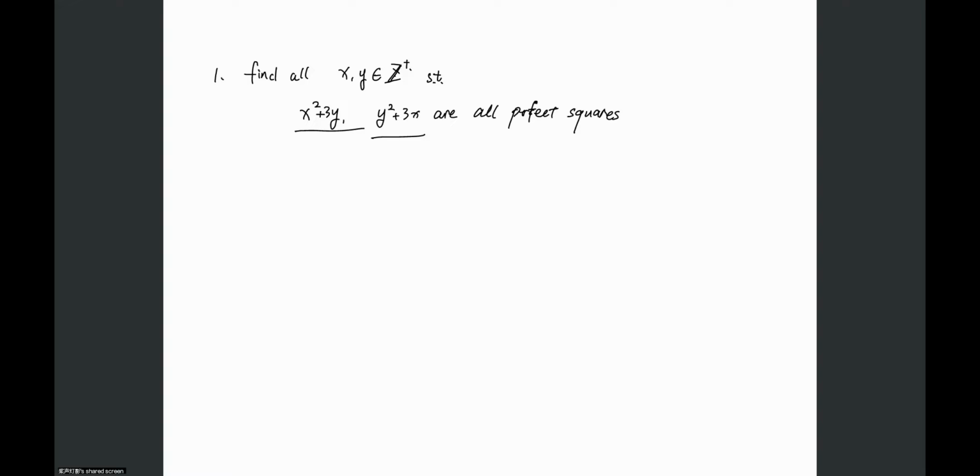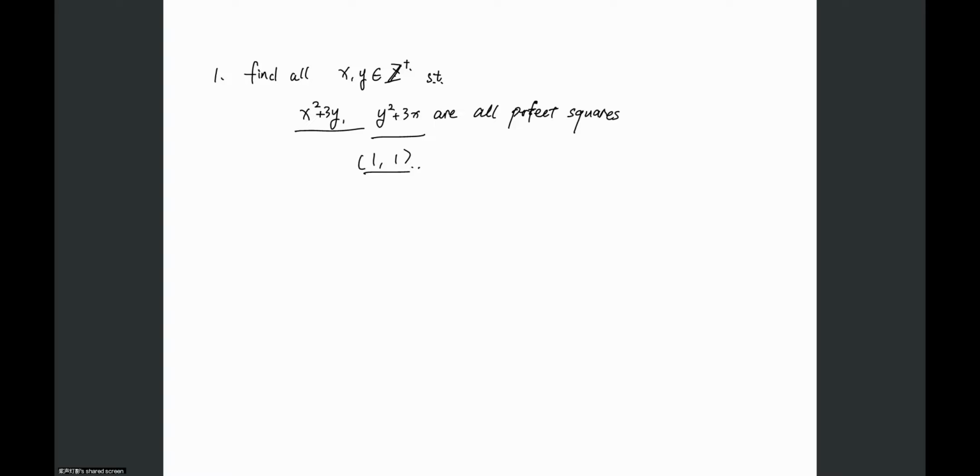Firstly, 1 is a trivial solution here, and it doesn't matter. Now we are testing some properties of perfect squares.